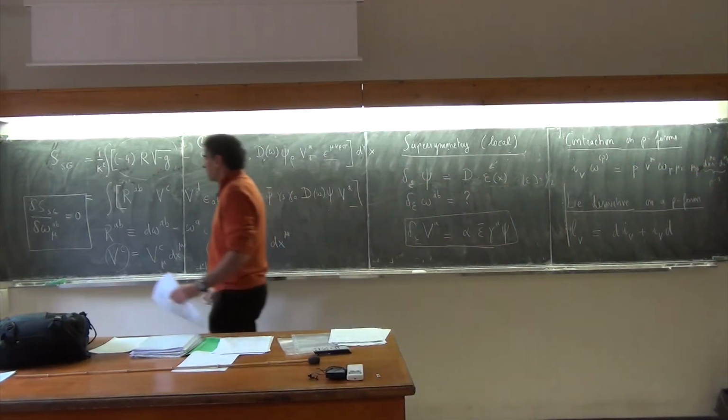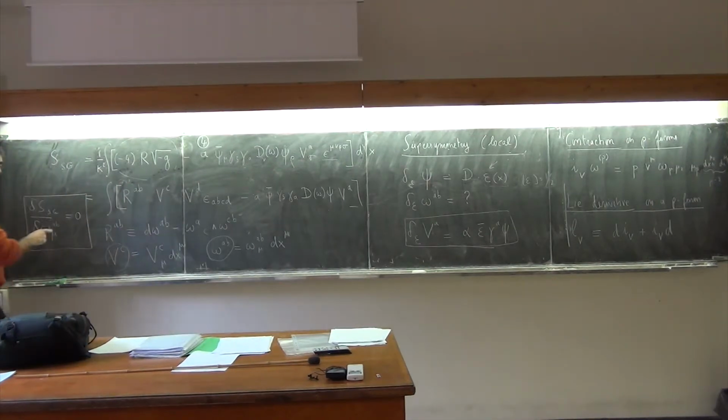Now we suppose that indeed this field equation holds. That is, now we are assuming that we are in second order formalism. From this field equation, what we find, but I still have to prove it until the end, is that omega can be re-expressed in terms of V and psi.